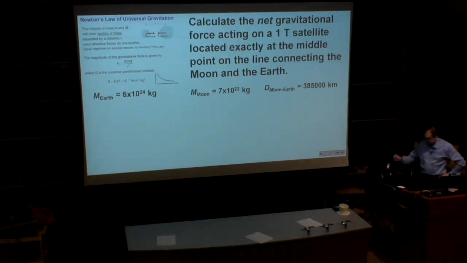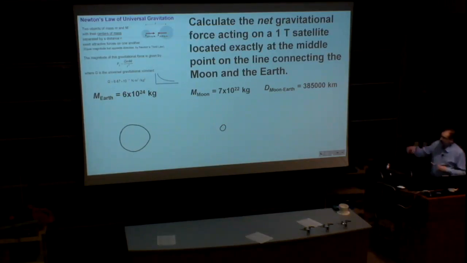So, next typical situation, when we have several objects interacting. In this case, we launched a satellite from the Earth to the Moon. Of course, in reality, it doesn't travel just straight from the Earth to the Moon.